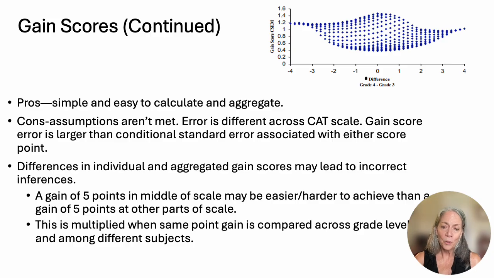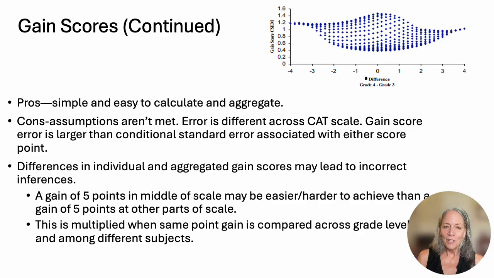So that's really important, because if we did then apply error to our gain scores, what does that do to the simplicity? It complicates it. And this is the truth underlying these more simplistic models. To make them fair and accurate and precise, we have to do more complicated things in order to achieve that.